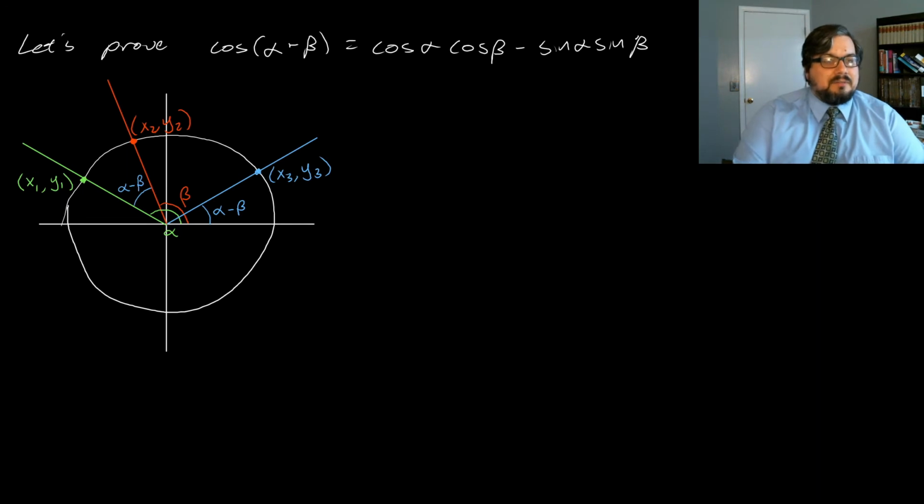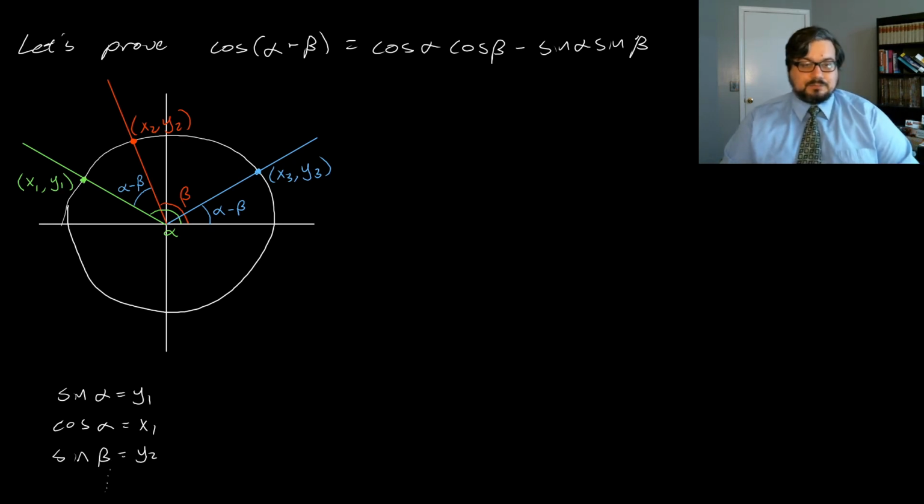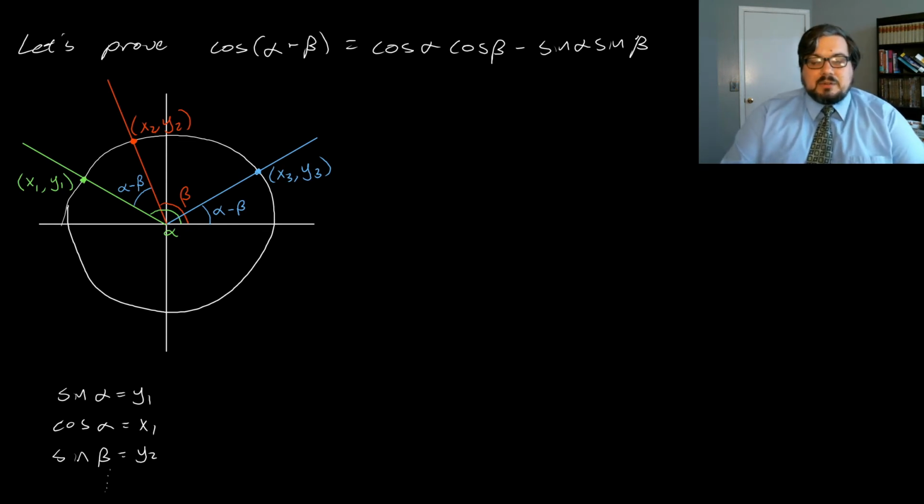Now, what we have is that, for instance, sine of alpha is y1, cosine of alpha is x1, sine of beta is y2, etc. And in particular, we have that sine of alpha minus beta is y3, cosine of alpha minus beta is x3. All right, so we have all that set up.